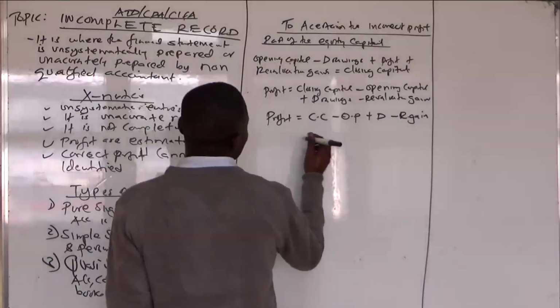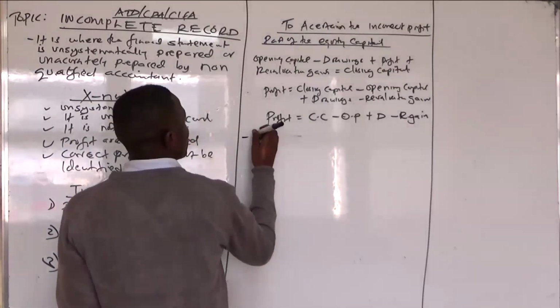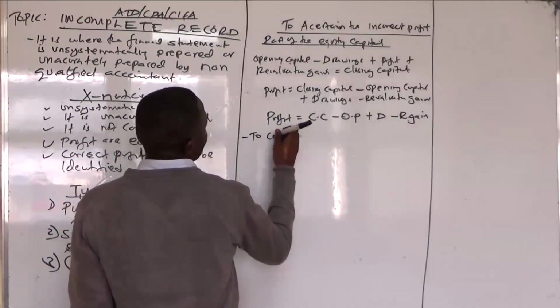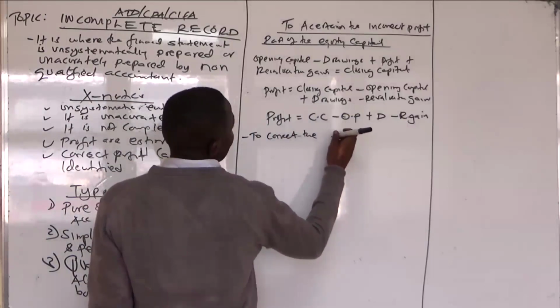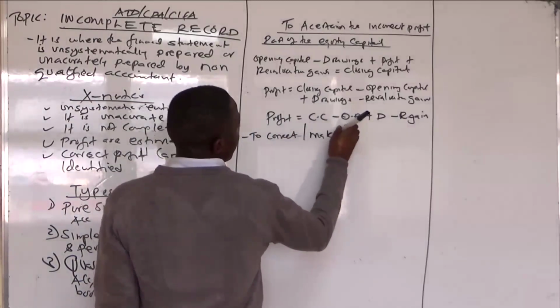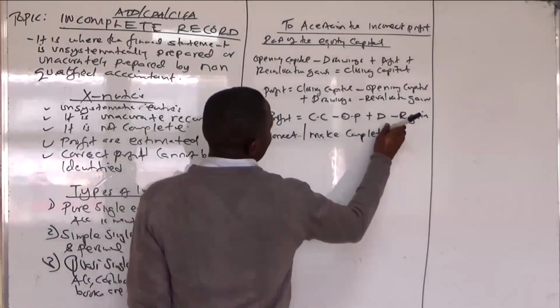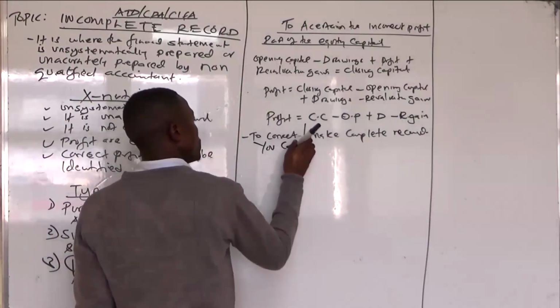This will always apply. We can correct the records, or to make complete record. You can always apply control account.